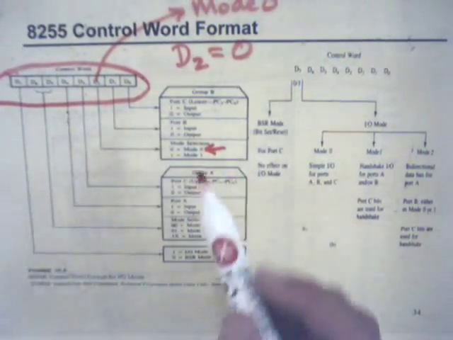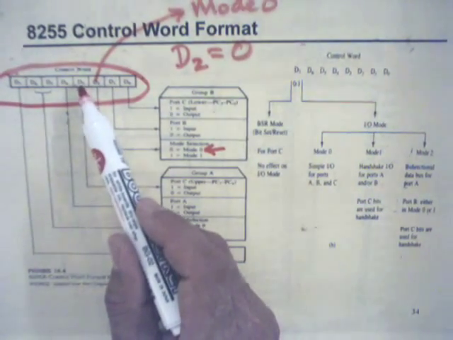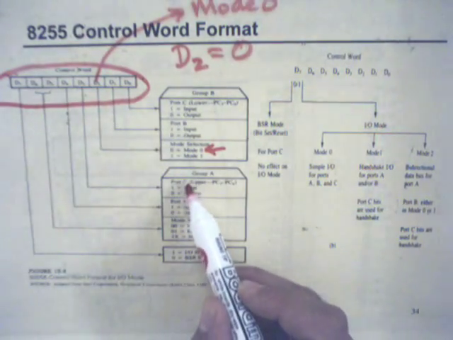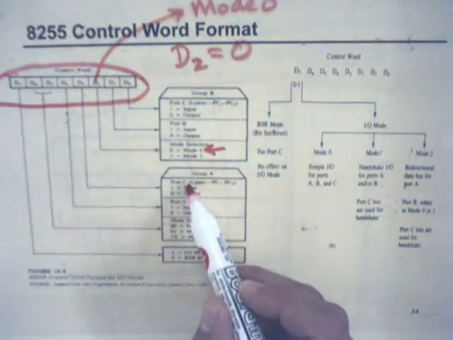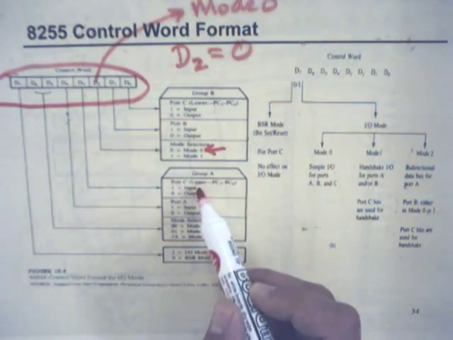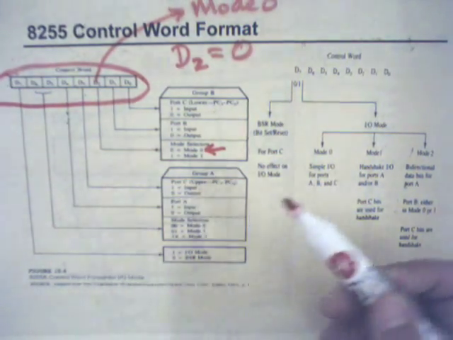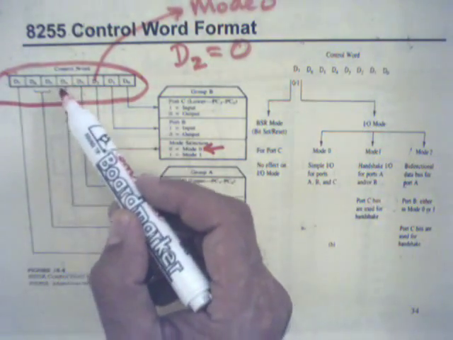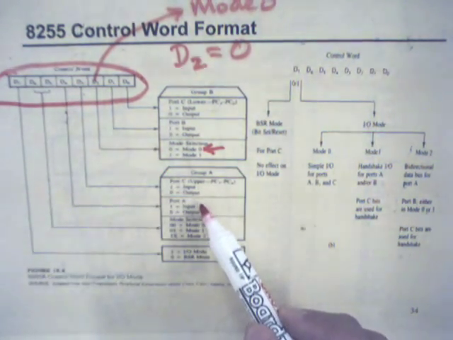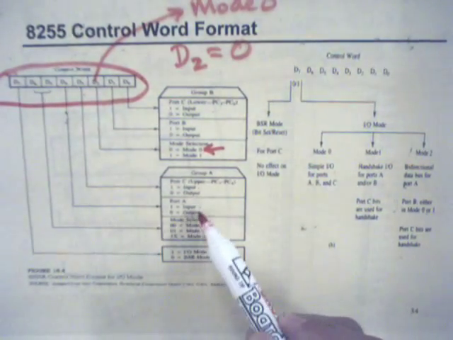D3 bit, which is the 4th bit from the right, selects the upper portion, the upper nibble of port C, and when it's 1, these pins are input. When it's 0, these pins are output. Next bit, 5th bit, programs port A as input when it's 1, port A as output when it's 0.